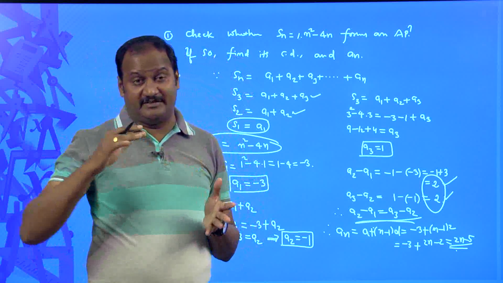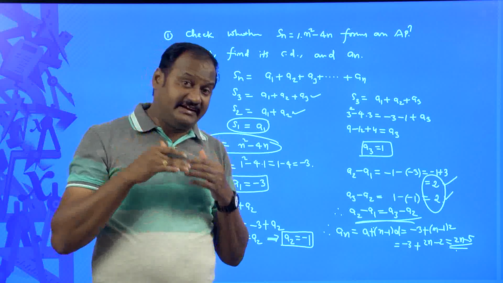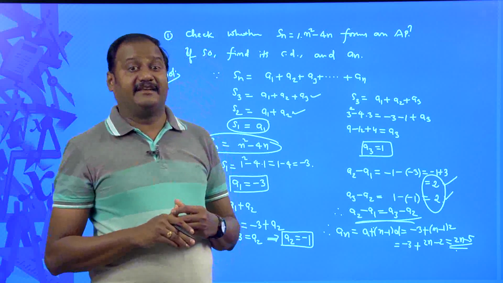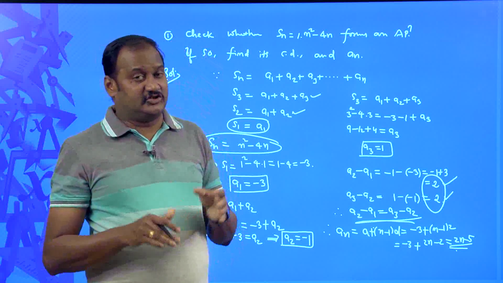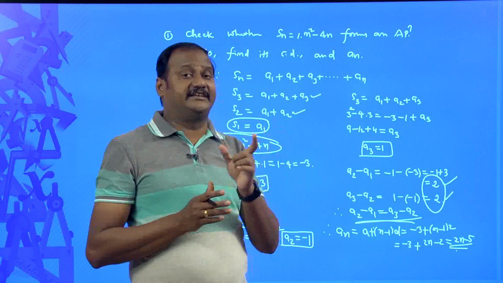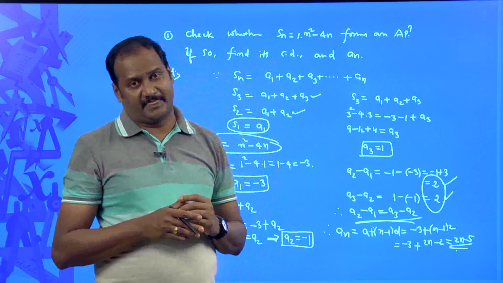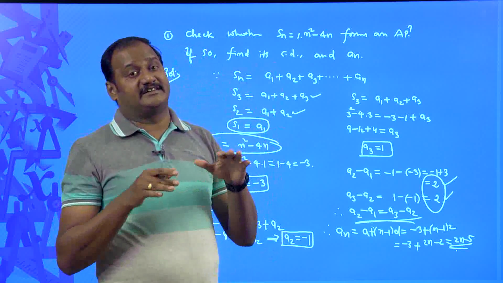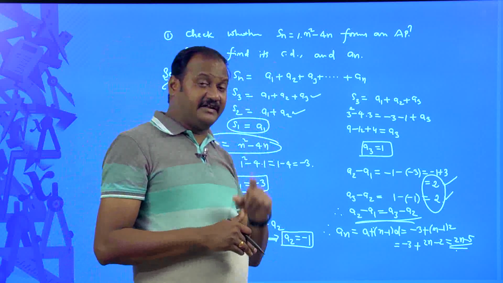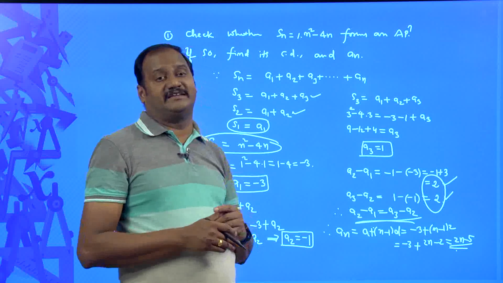Every Sn may not be the Sn of an AP, or every Tn or every an may not be the nth term of an arithmetic progression. So, the sum to n terms of an arithmetic progression will always be a second degree expression without a constant.